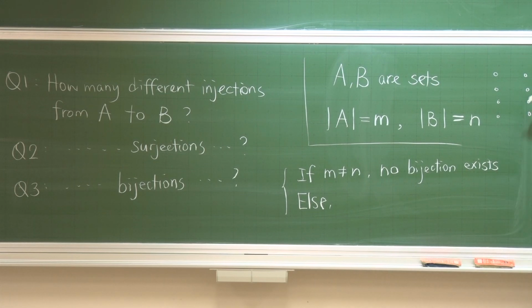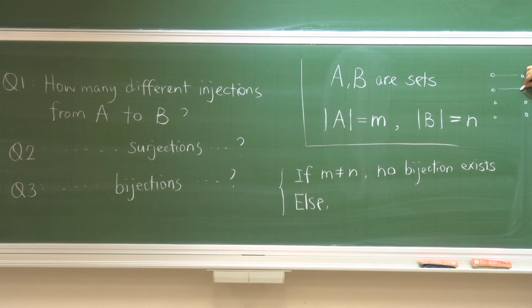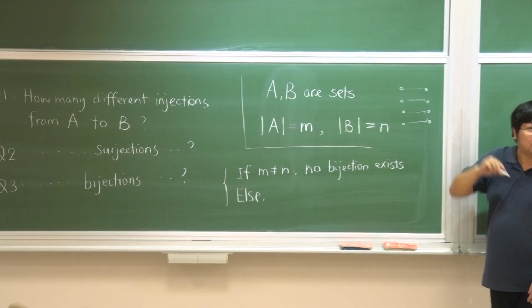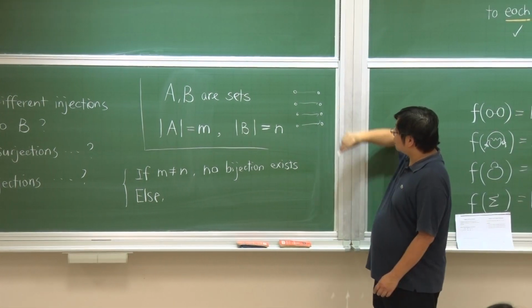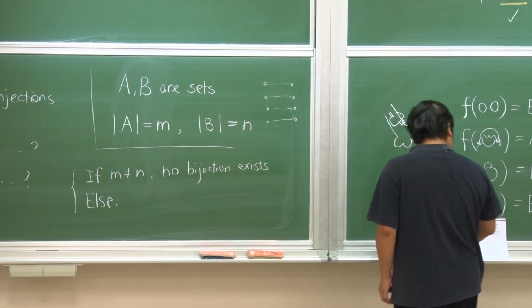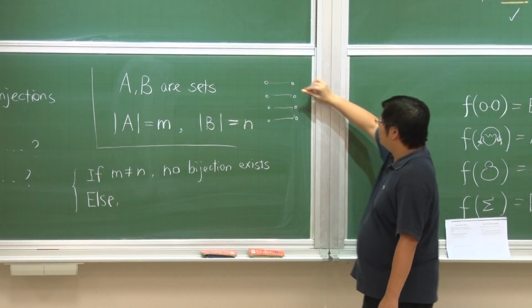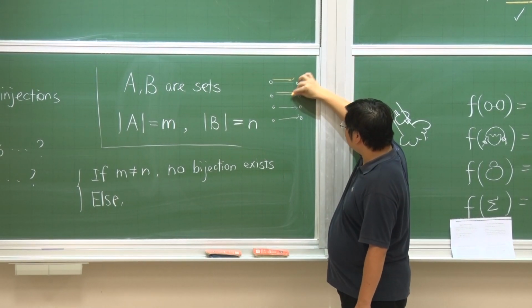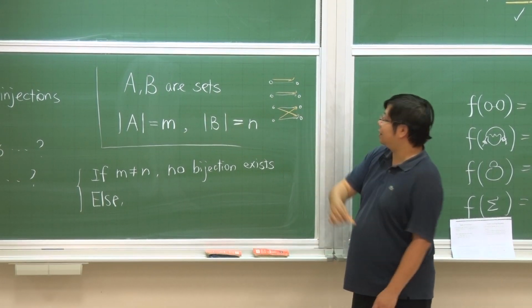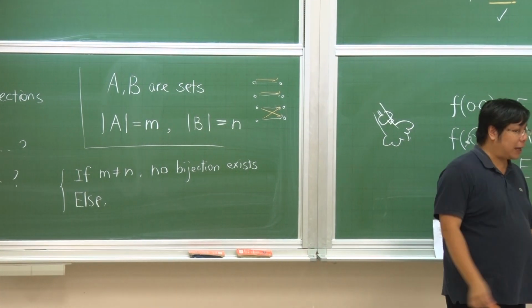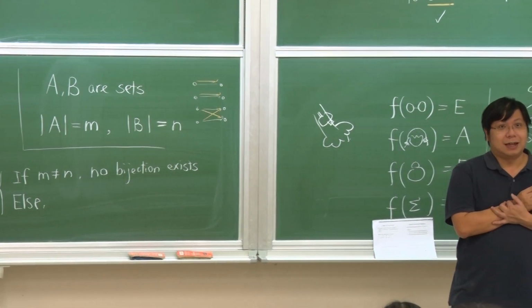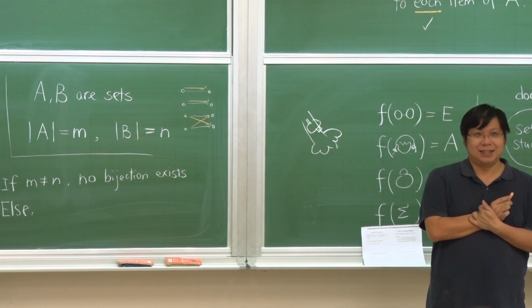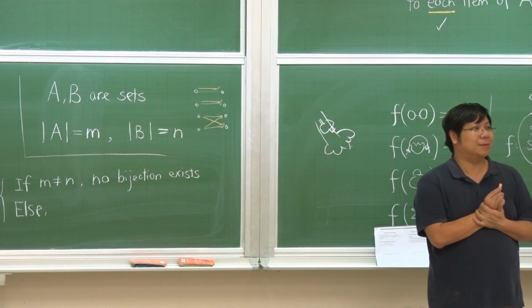So one possible bijection is this one mapped to this one, this one mapped to this one, this one mapped to this one, this one mapped to this one. Am I correct? There can be other bijections, maybe. The other bijection may be this one mapped to this one, this one mapped to this one, this one mapped to this one, this one mapped to this one. Is that okay? So there are all kinds of bijections. How many are there?